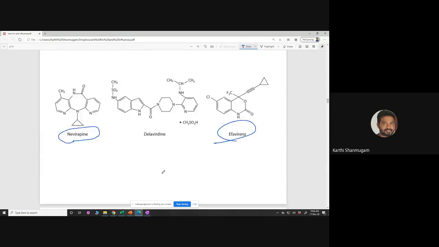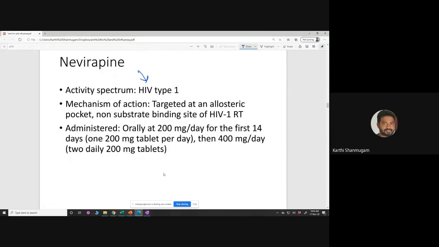The mechanism of action is targeting an allosteric pocket of HIV-1 reverse transcriptase. Very important: the target is reverse transcriptase, but the binding pocket is the allosteric pocket, not the active one. The molecule binds there and alters the structure of the active site, disturbing the original activity of the enzyme.